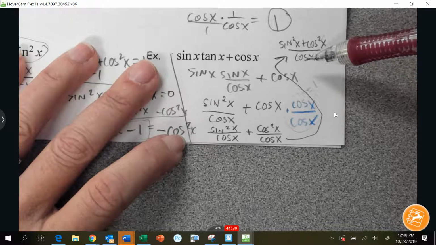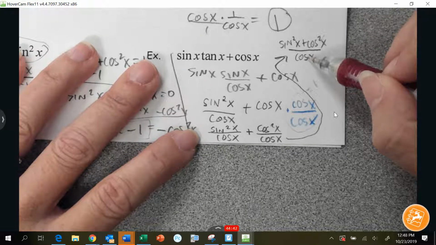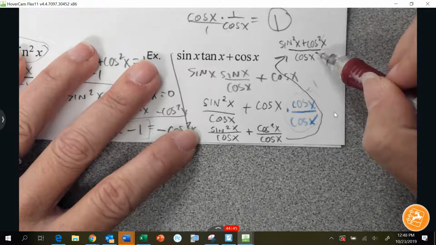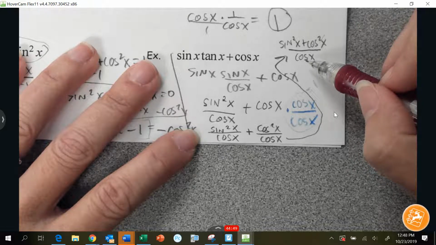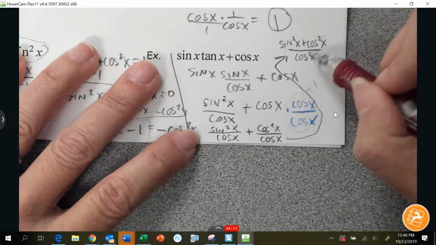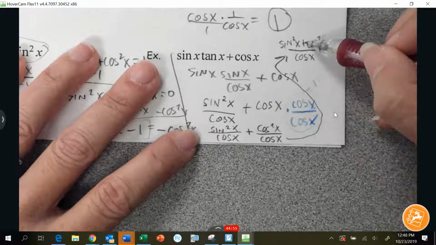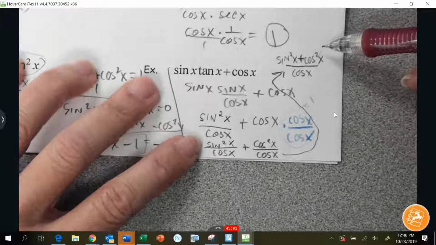If you do that, you're going to get a lot of these wrong. You cannot cancel over addition. You're only allowed to cancel over division. That's another problem that people have when we do this stuff. You guys see what she's saying to cancel these? You can't do that because of this nasty addition sign. Matthew? Isn't sine squared x plus cosine squared x? Yeah, it is.